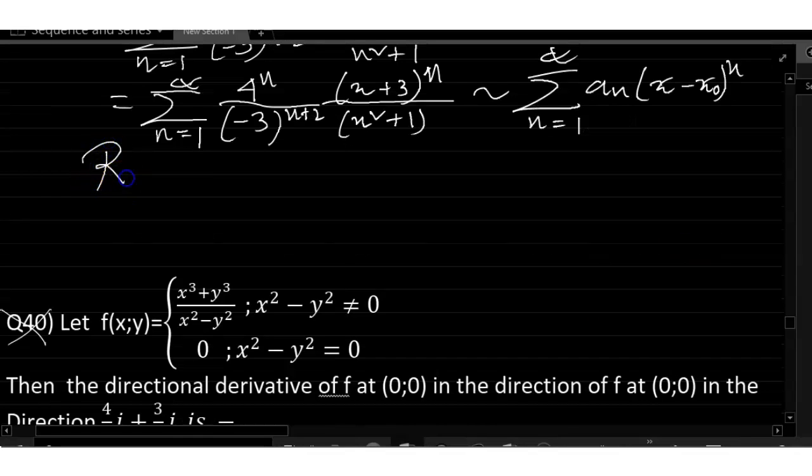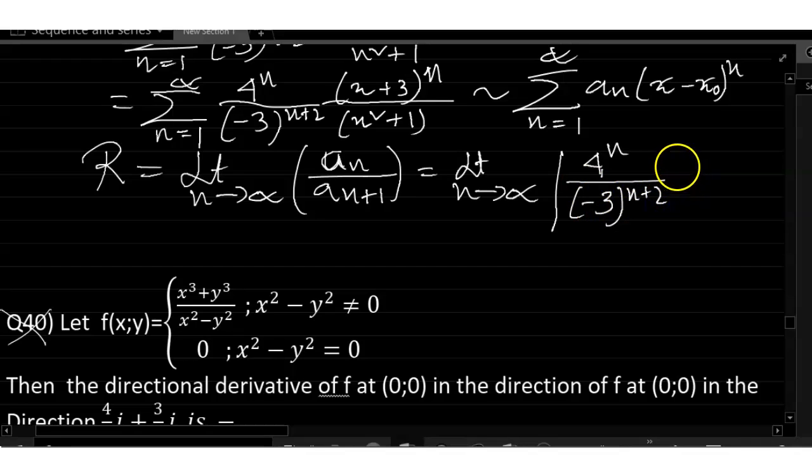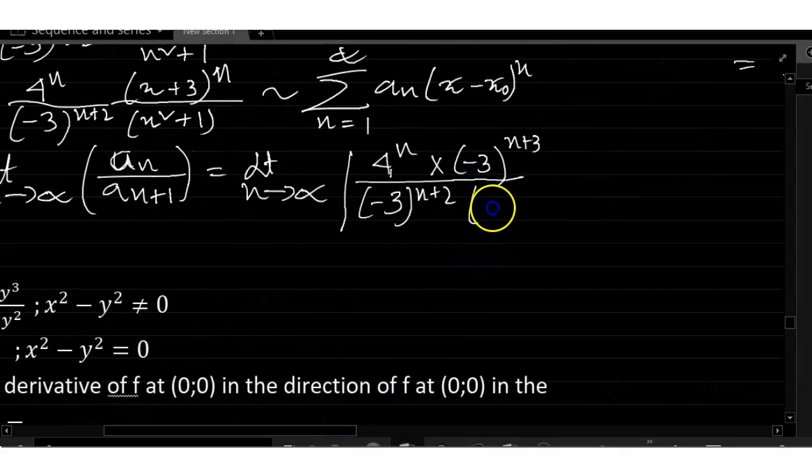Now capital R equals limit n tends to infinity of the absolute value of a_n divided by a_n plus 1, which equals 4 to the power n by (minus 3) to the power n plus 2, into (minus 3) to the power n plus 3 into n square plus 1, divided by 4 to the power n plus 1 into (n plus 1) whole square plus 1.